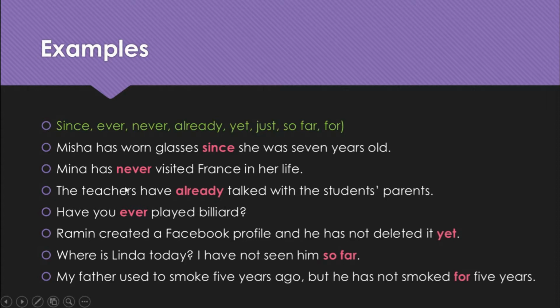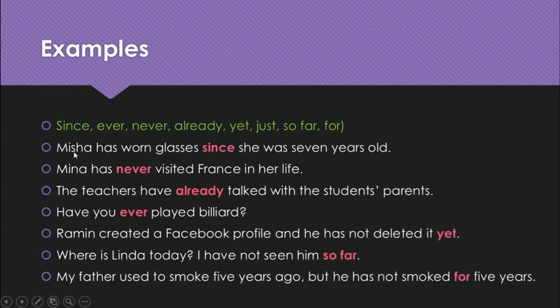So yeah, my last slide, I'll be giving you these examples. I already explained to you that we have the indefinite time adverbs since, ever, never, already, yet, just, so far, and for. So I'll give you one example for each of them, and I'll try to explain what the sentences mean. So Misha has worn glasses since she was 7 years old, right?